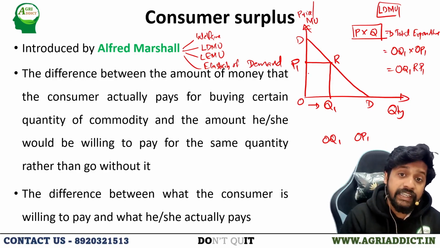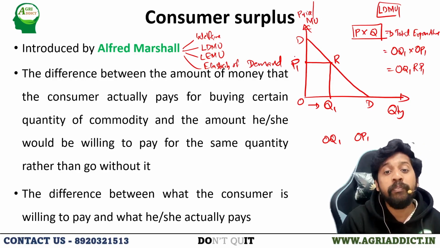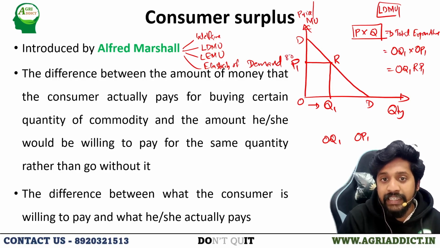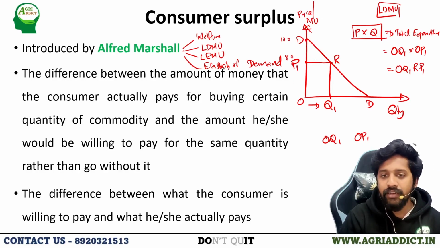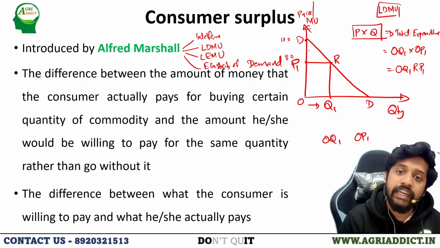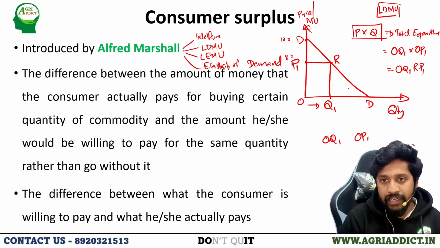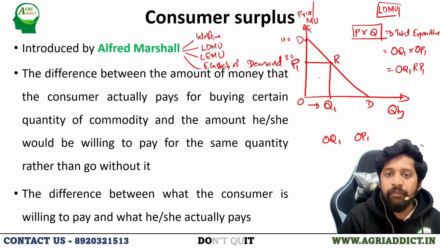But what happens here? The consumer was willing to pay much more. Let this be the 80, and previously we discussed 80 rupees was what he actually paid, but he was ready to pay 100 rupees, right? So OD price he was able to pay for purchasing the same amount of mango, right? So what he was actually ready to pay includes this rectangle as well as this triangle above it, right?